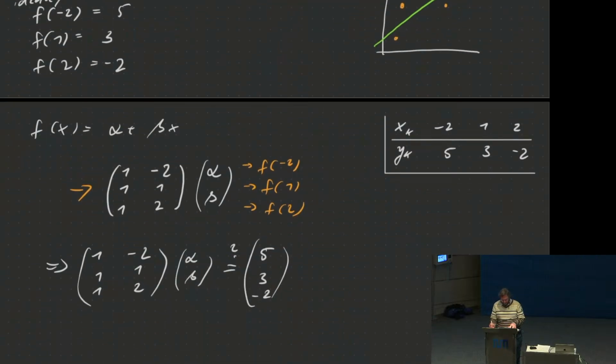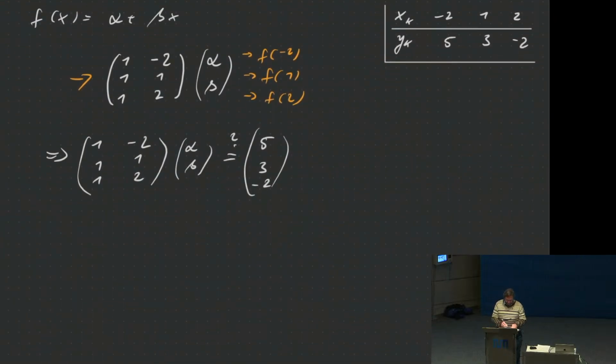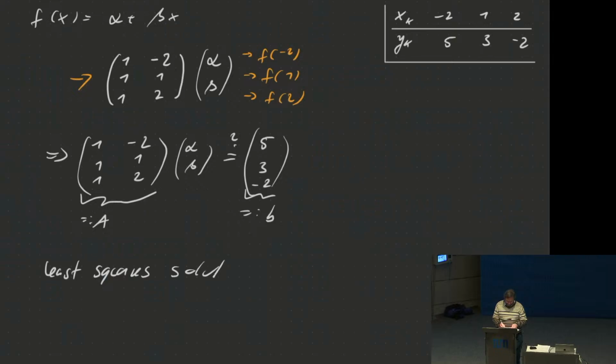And we have covered a method for doing this. Let's call this matrix here A, and let's call this vector here B. Then what we want to do is compute the least squares solution. You know a formula for doing that, or you should.